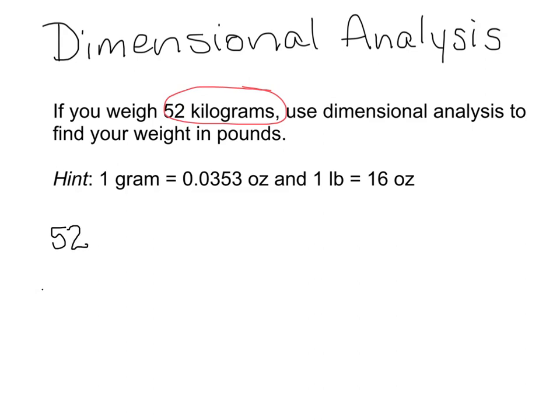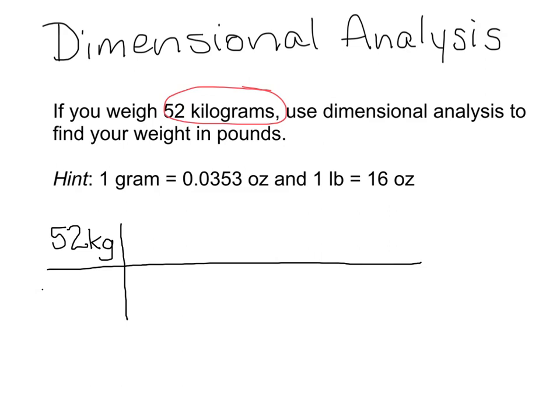Now, I may do this a little differently than Miss Cater does, but I'm going to make this little table. Now, if I'm trying to convert to pounds, I want to end up with pounds on the top of this line that I've drawn.